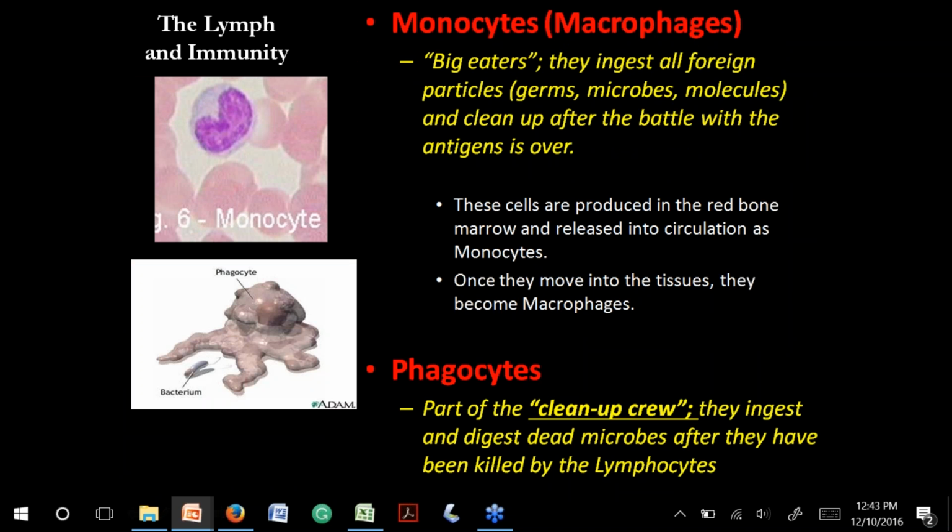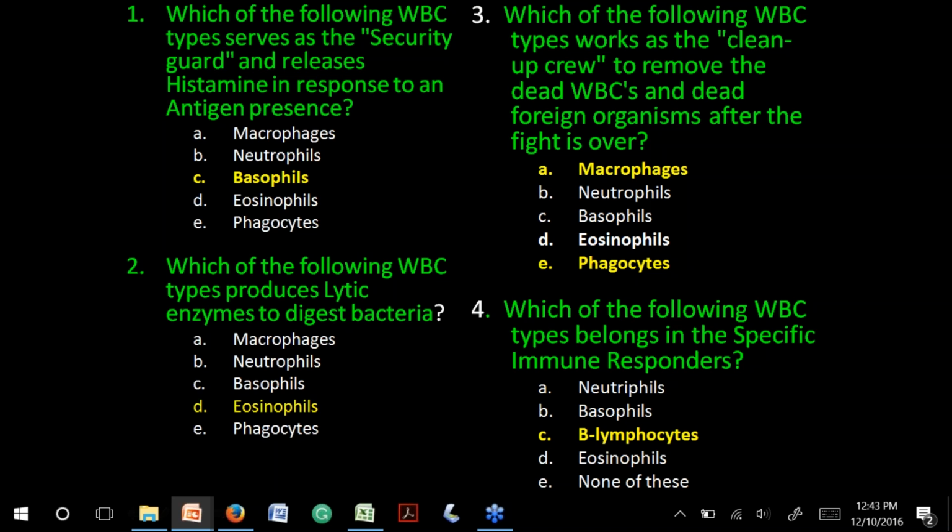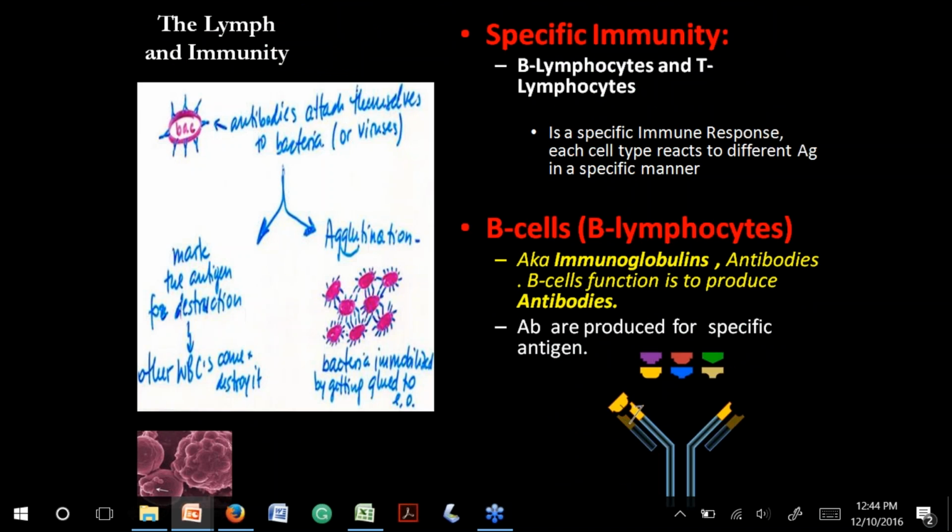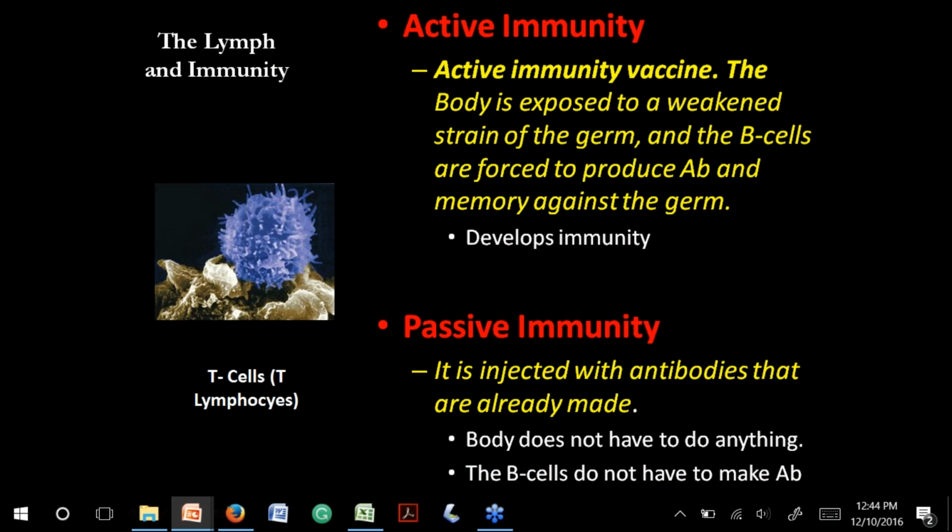Monocytes are going to be the macrophages, okay? Okay, so let's keep going with this. Active immunity, they are going to give you a portion of the germ that is dead. And passive immunity, they are going to give you antibodies.